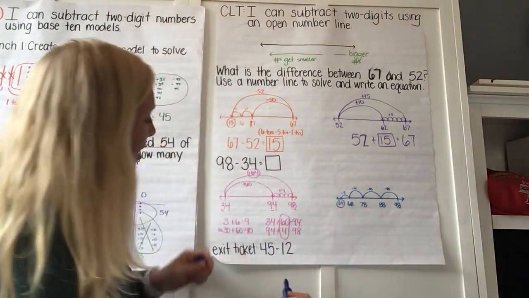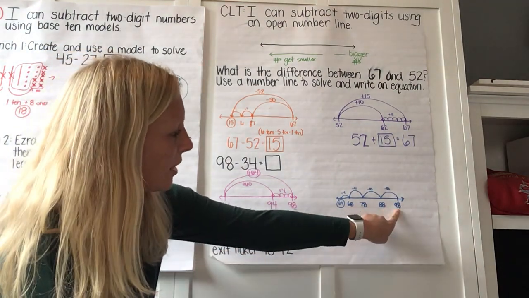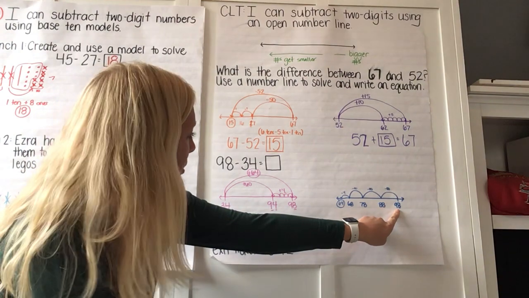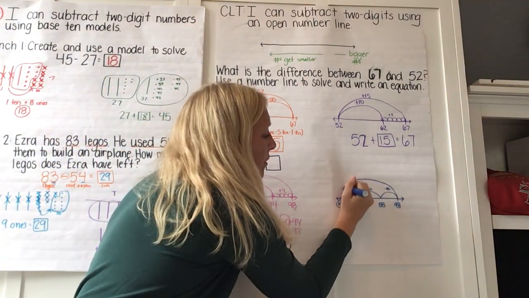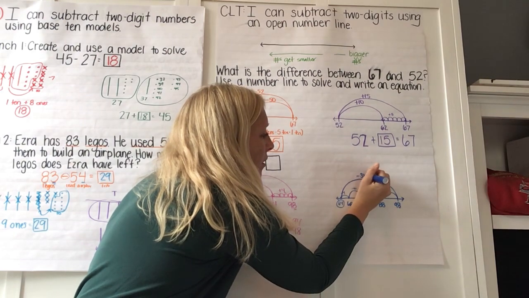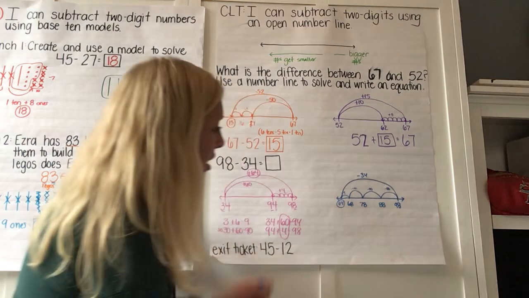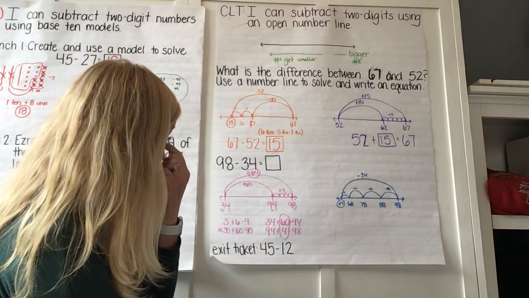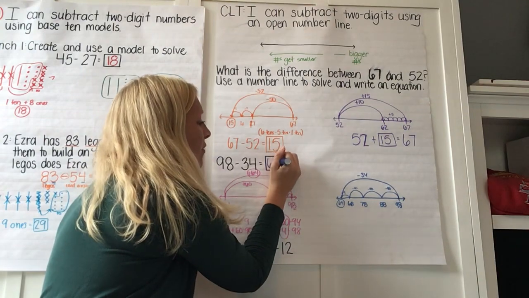And so where's your 98 in your equation, your work from that equation? 98, okay? And then where's your 34? 10, 20, 30, 34. And then where is your difference, or where's the number that you landed on? 64.